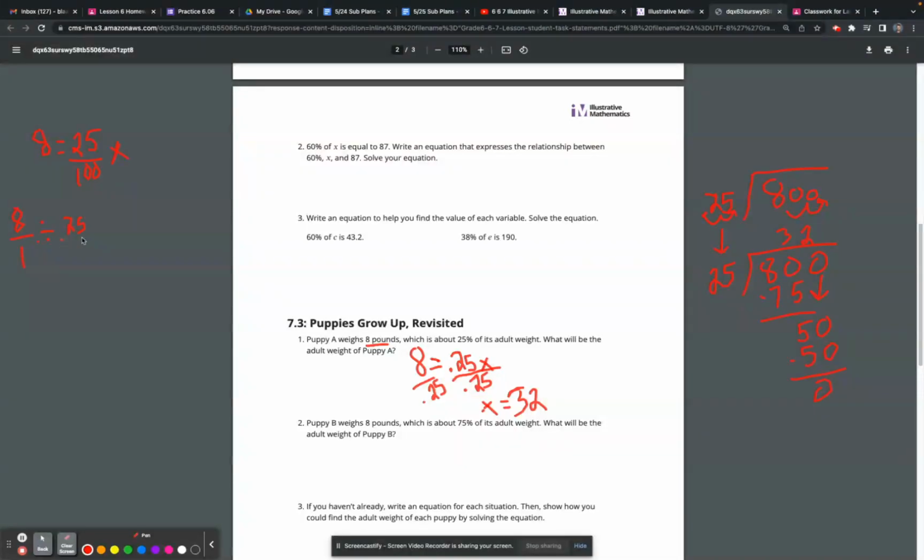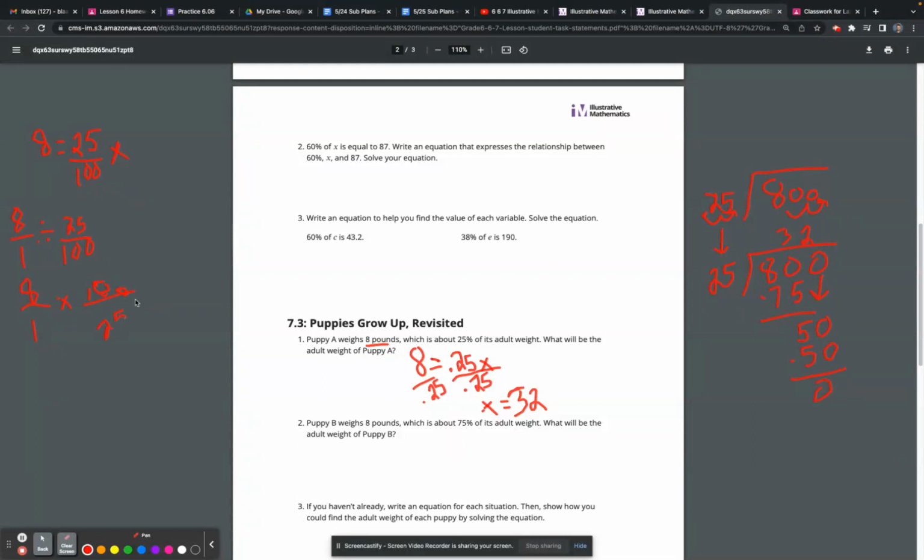divided by 25 over 100. And then at this point, if you're doing it this way, you have to identify, now I have a fraction divided by a fraction, so that means I have to do keep, change, flip. Keep the first fraction the same, change your operation sign to times, flip your second fraction. So I would have 100 over 25.